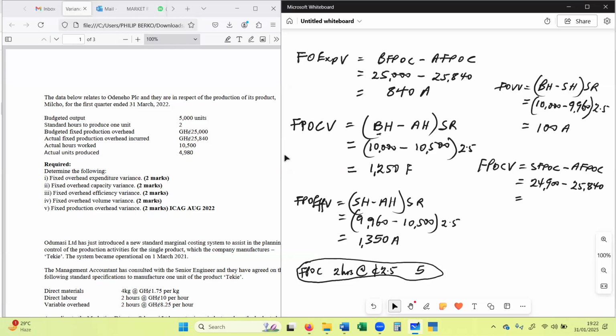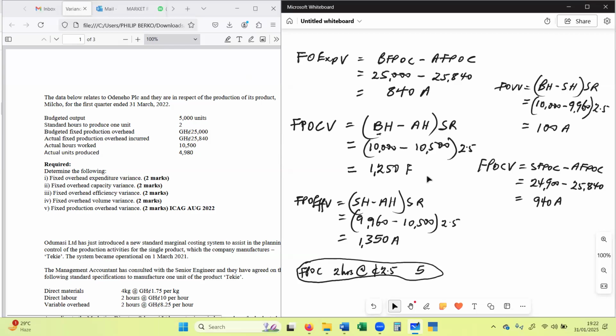What do you get? $940 adverse. 940. Then that will be adverse.